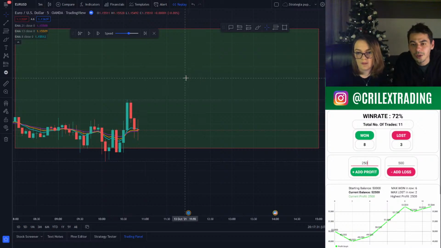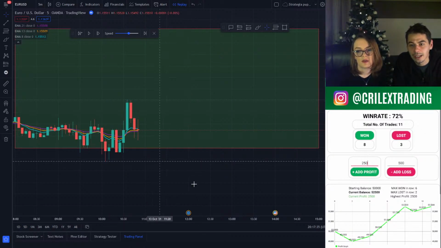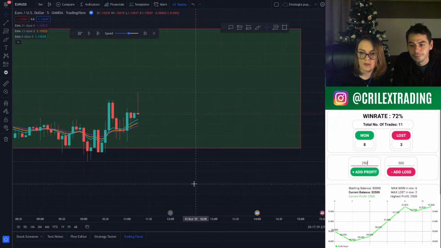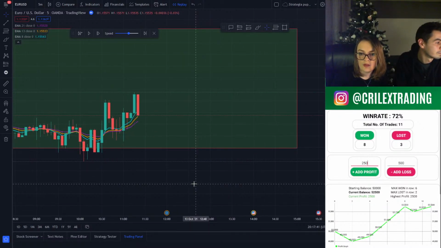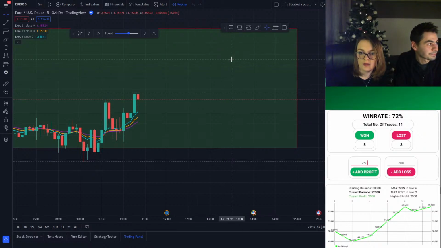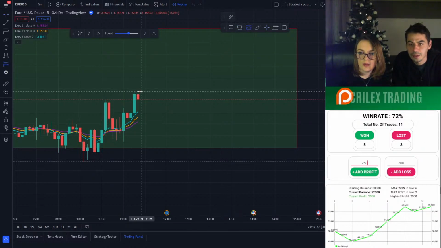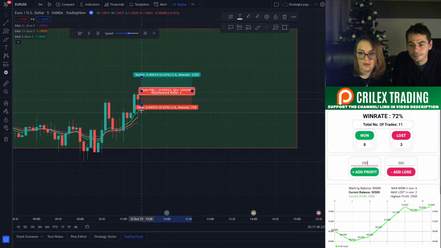I think I would skip an entry here, mostly because of the EMAs that are basically flat and almost touching. So the retouch here is 1, and I will set a long. This is way better.